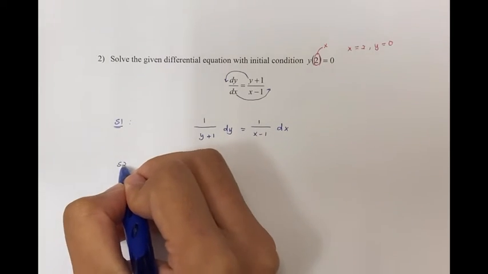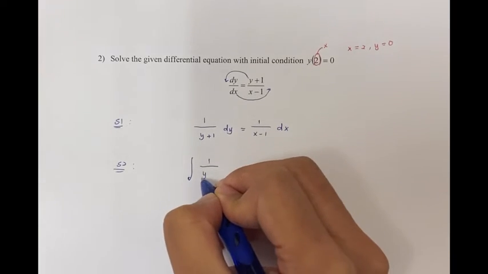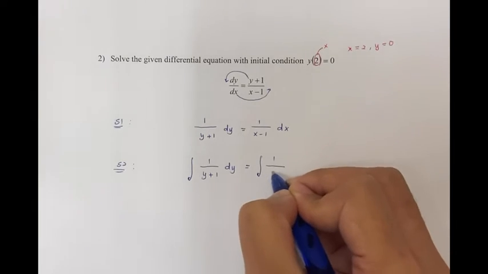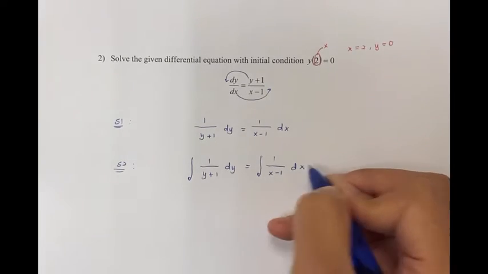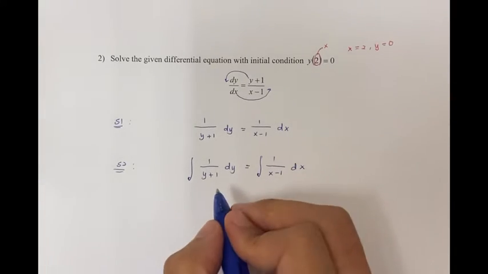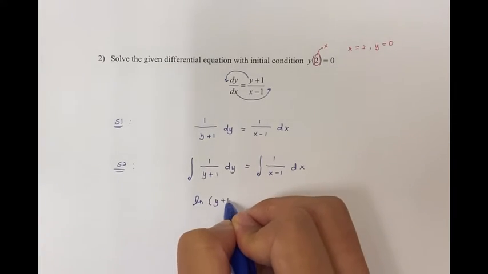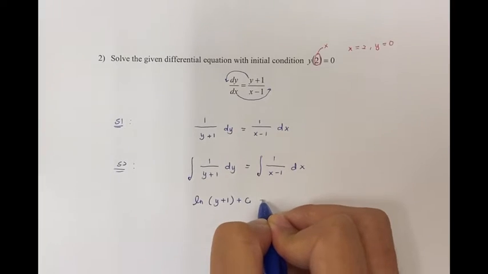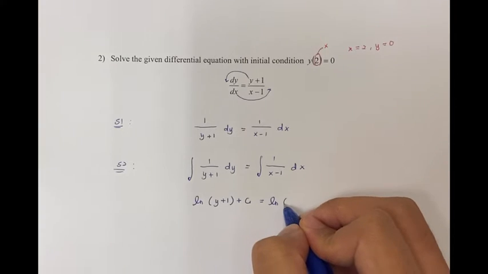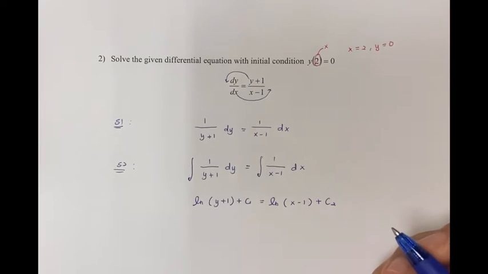Then the second step, do the integration on both sides. Integrating 1 over (y plus 1) is equal to ln|y plus 1| plus a constant c1, and for 1 over (x minus 1), you have ln|x minus 1| plus c2.